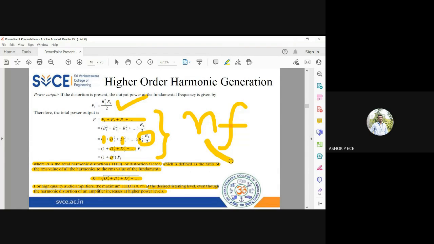What is the range of n? N will start from what value to what value? What is your fundamental frequency? How will you represent the fundamental frequency? Fundamental frequency is f, right?